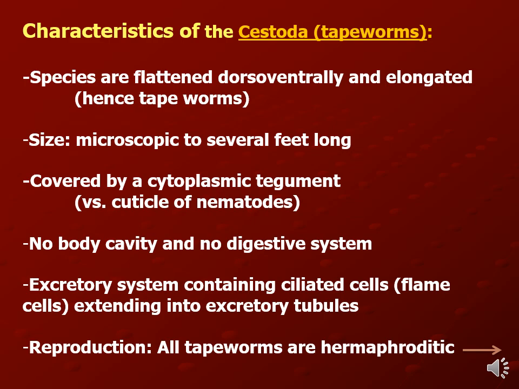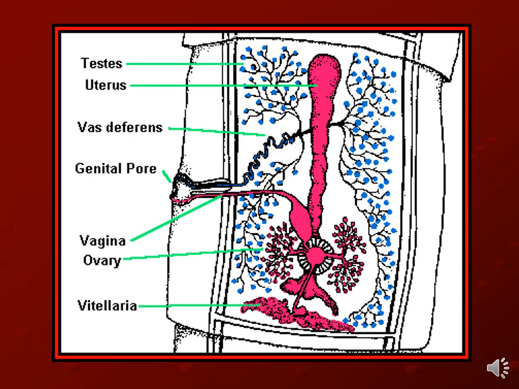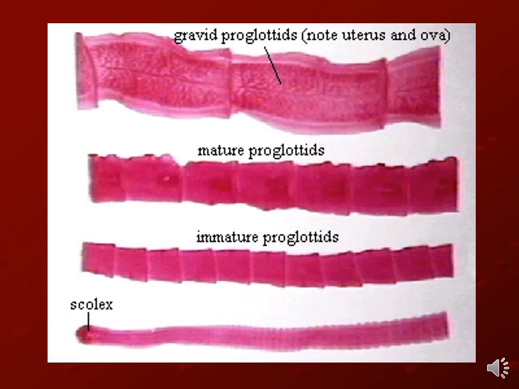And reproduction: all tapeworms are hermaphroditic. What this means is that every worm, and here every segment of the tapeworm, has the characteristic sex organelles which you can read in this slide. And this is a picture of the worm at different levels of its body or strobila.